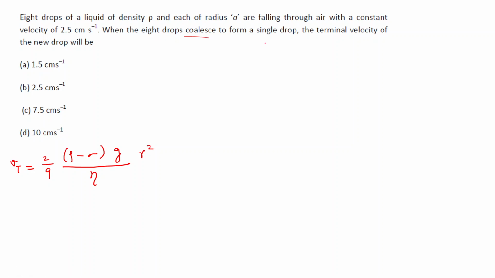So what it says is we have not been given the radius of this big drop, but we have been asked to calculate terminal velocity for this. So how we will get the value of radius for this single drop? That we can get from here.